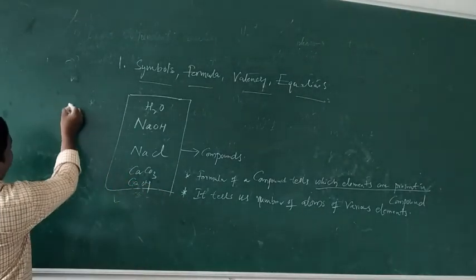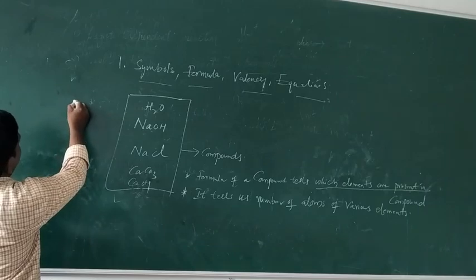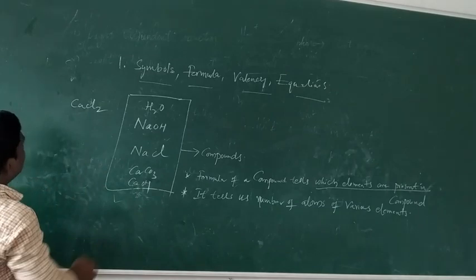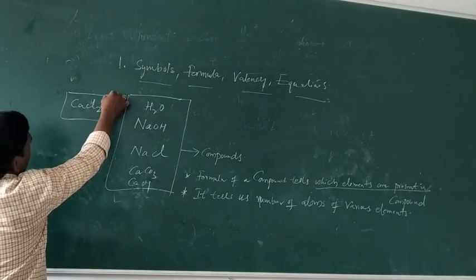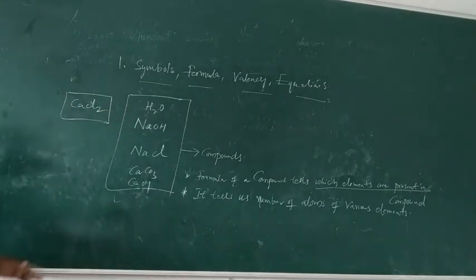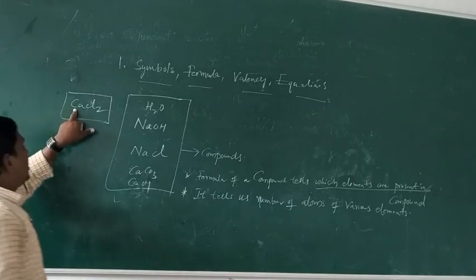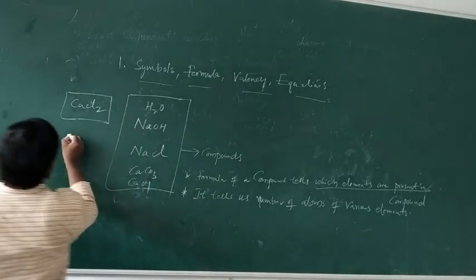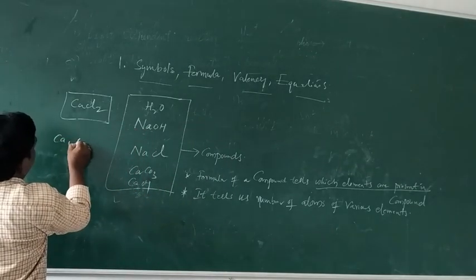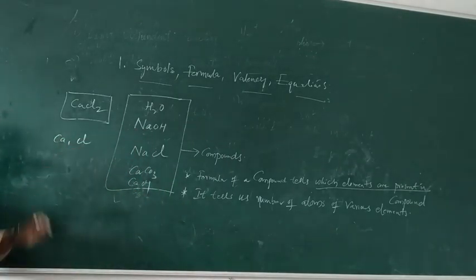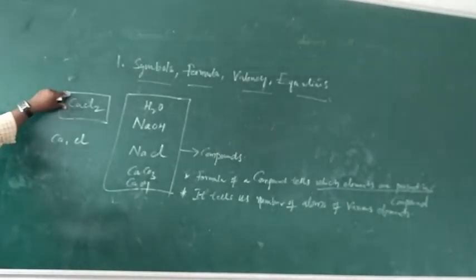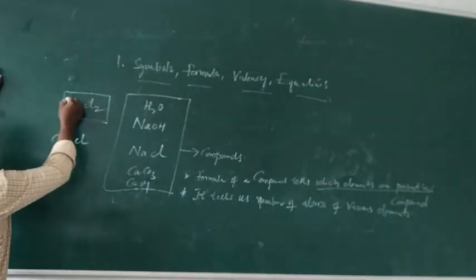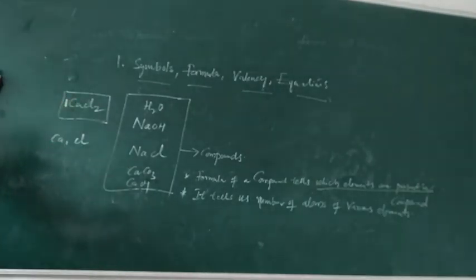For example, CaCl2. In CaCl2, how many elements are there? Calcium and chlorine. There are 2 elements. How many molecules of CaCl2 are there? Only one molecule of CaCl2 compound is there.